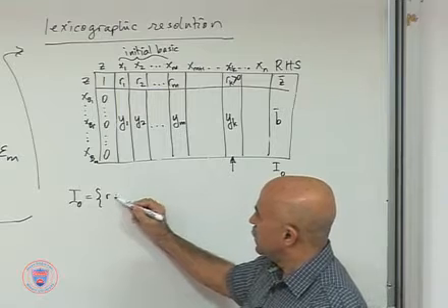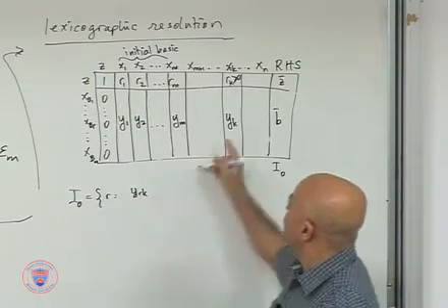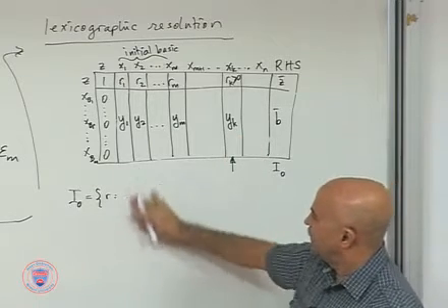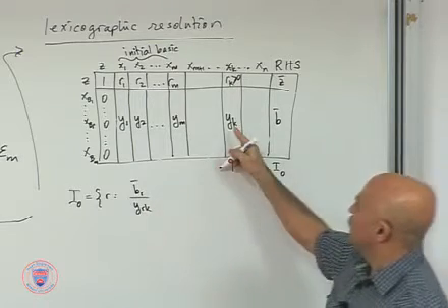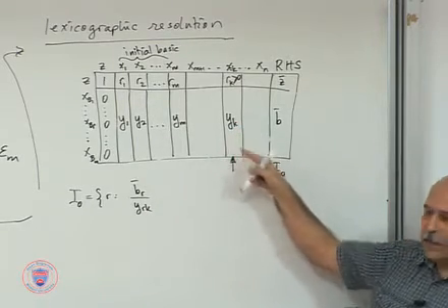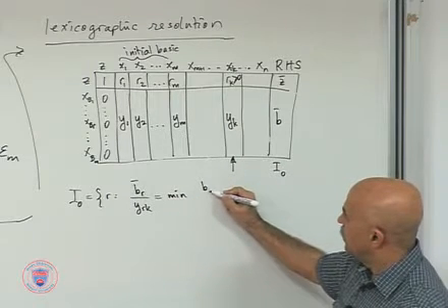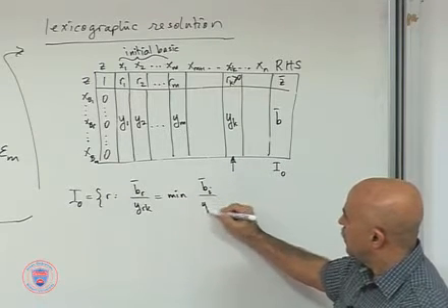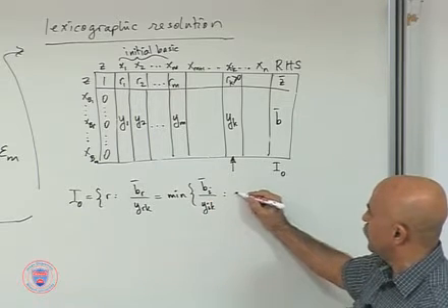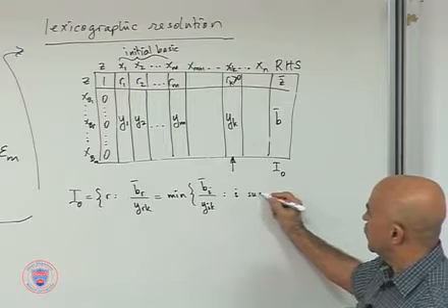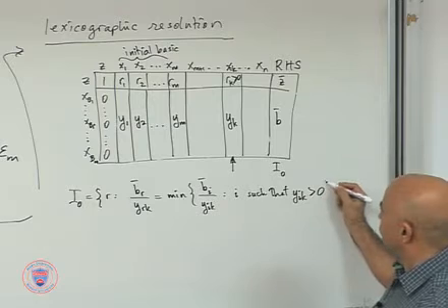It's the set of row indices R such that BR over YRK, the rth element of the YK column here, is one of the minimum ratios, where the minimum is taken, of course, over I for which YIK are positive.